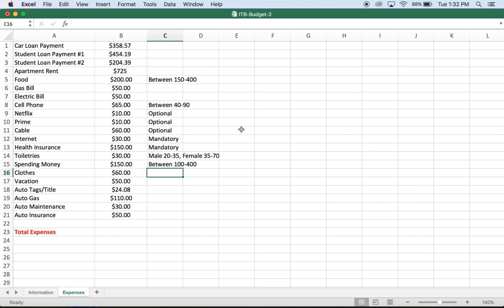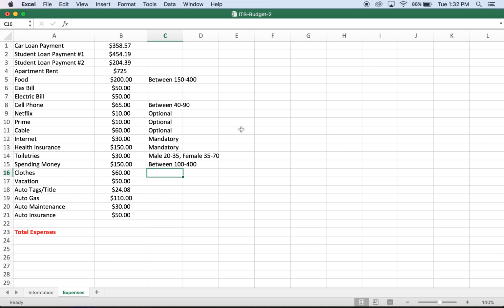Clothes again. There might be some months where you don't spend any money on clothes, and then there might be another month you might not spend any money on clothes for 3 months, and then the fourth month you have to go out and you have to buy a $300 suit. Okay, so what we're doing is we're trying to average the amount of clothing that you will buy within the year, and then we're going to divide that number by 12.